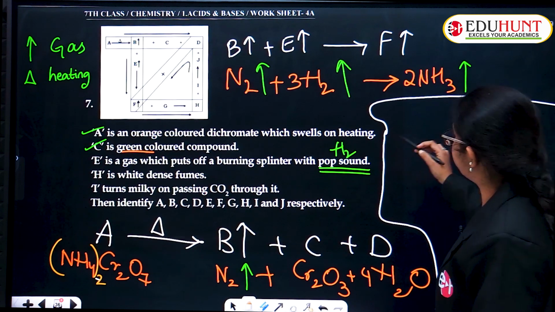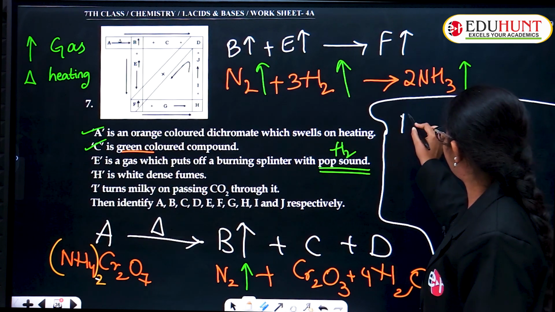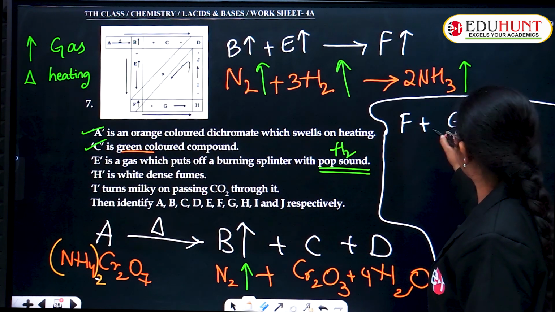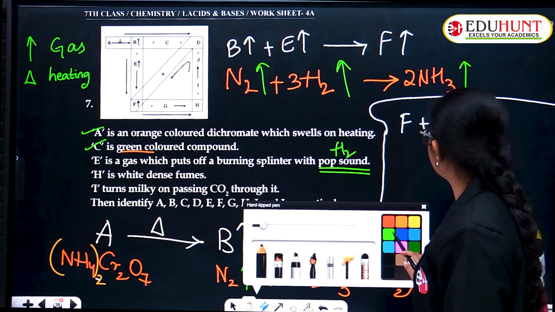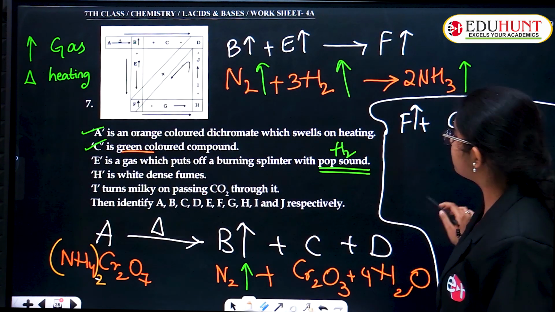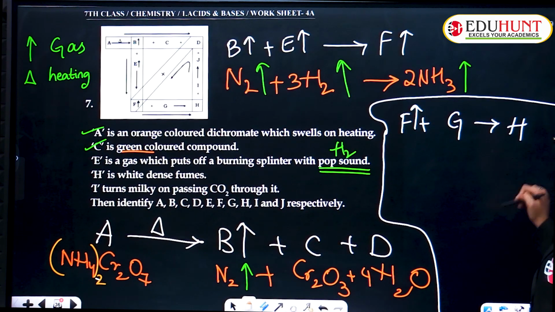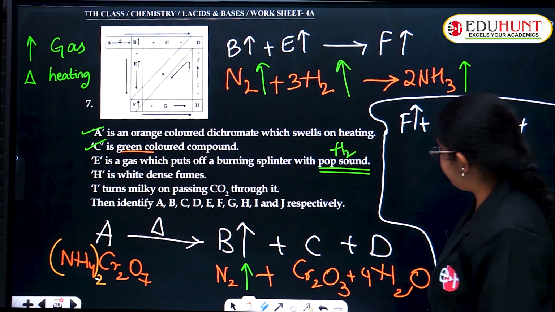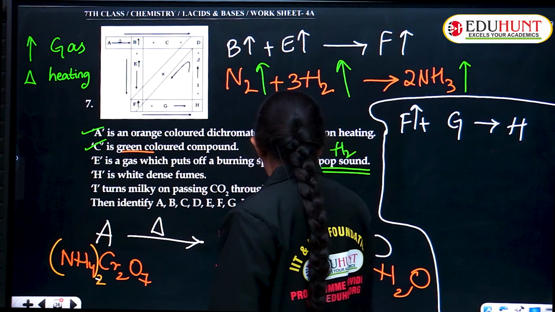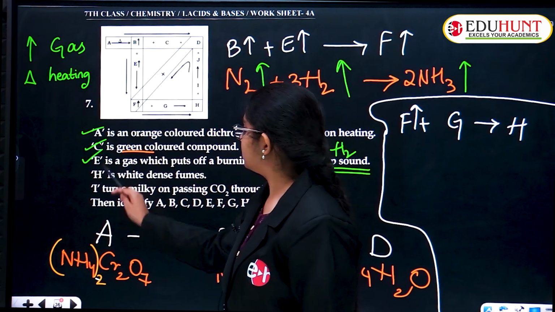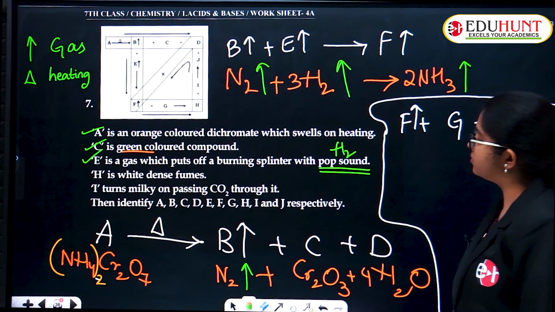And here what is there? F plus G. F is a gas, so F plus G giving rise to H. Okay, we have this equation also. So we have this solved. Yes. Okay, done. So now coming to H.